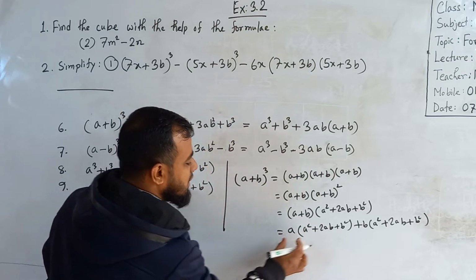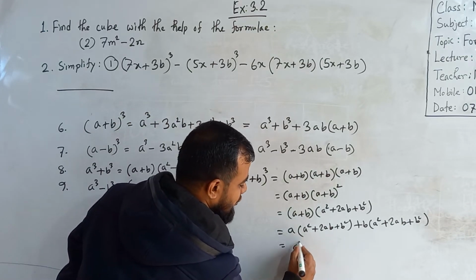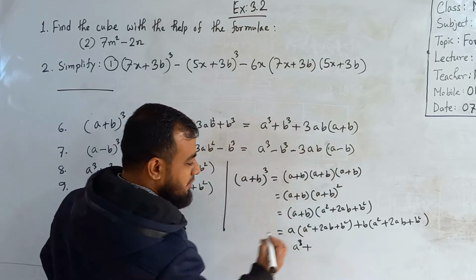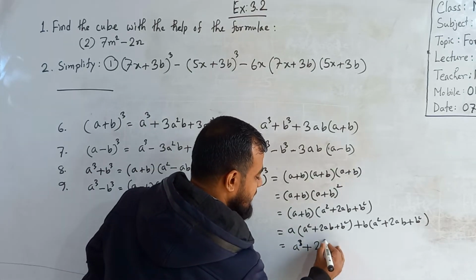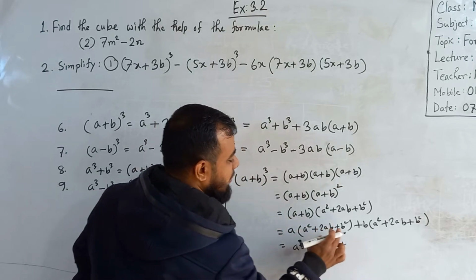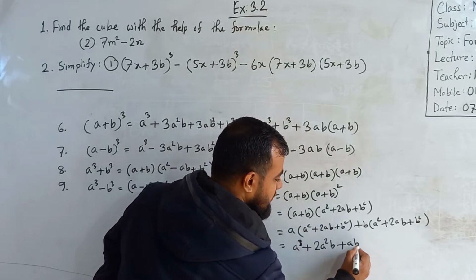Now dear students, a and a squared is a cube, plus a and twice ab, that will be twice a squared b, and a multiplied with b squared gives a b squared.